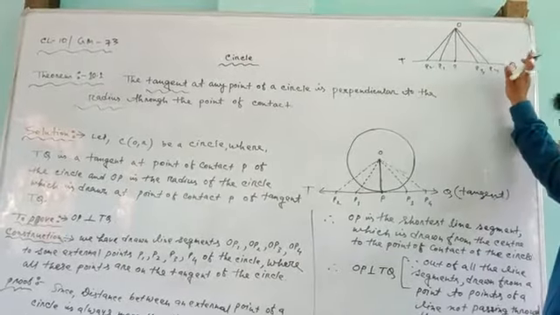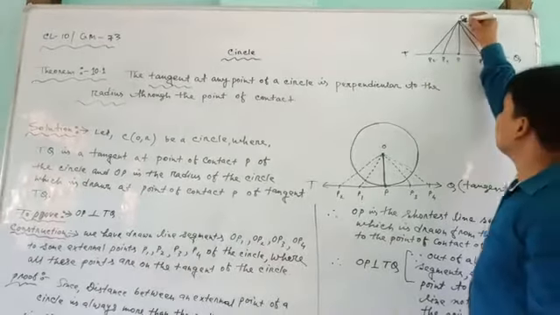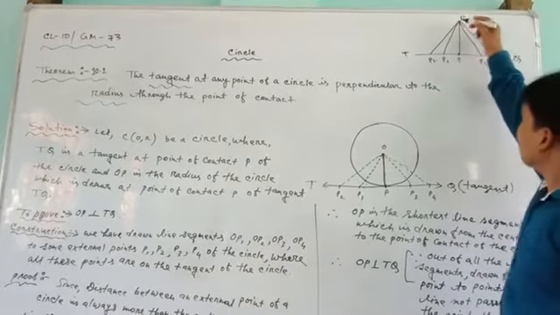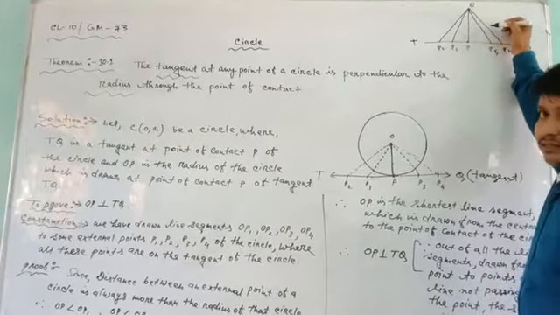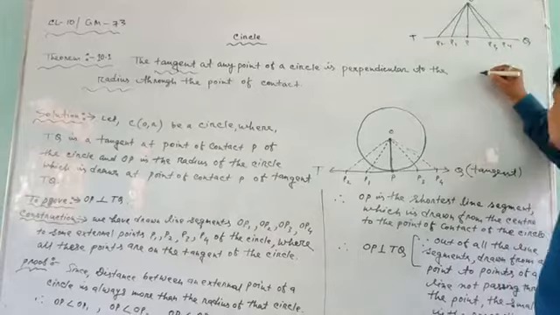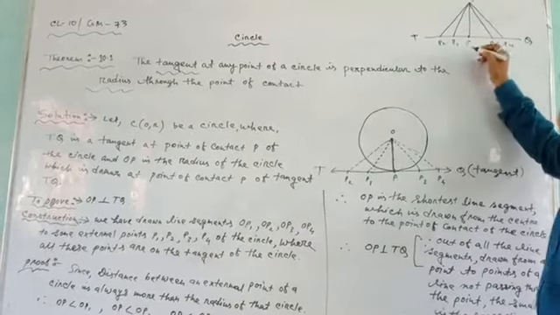So many lines are drawn from this external point to the given line. But which one is shortest? OP is the shortest.